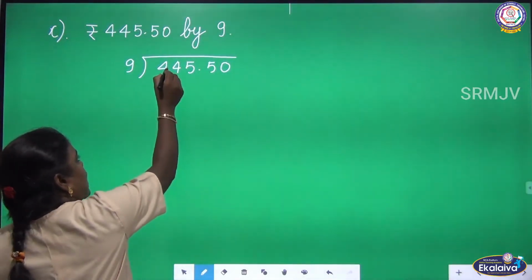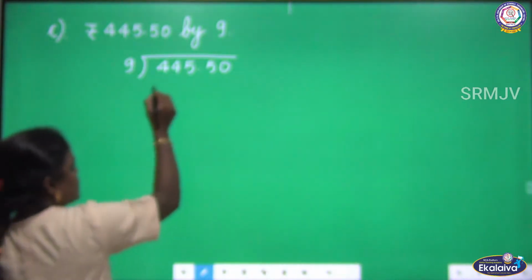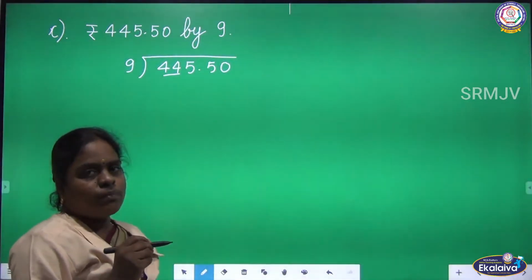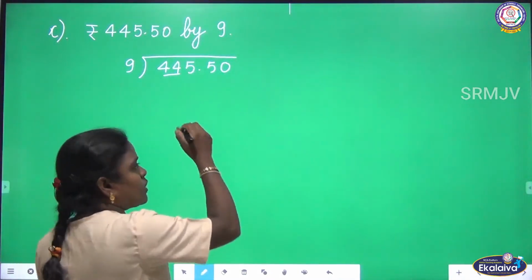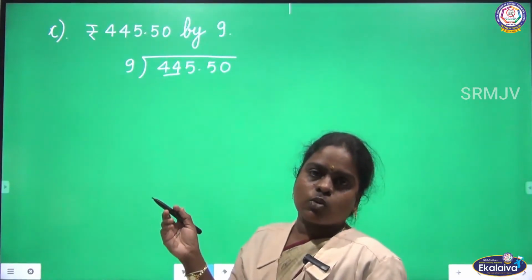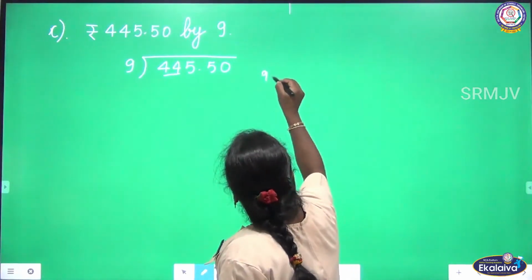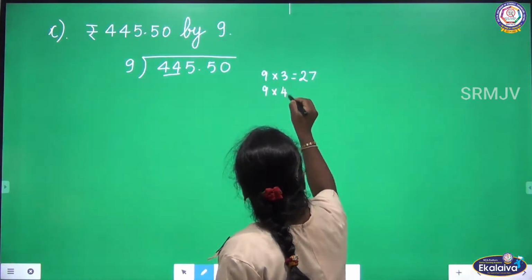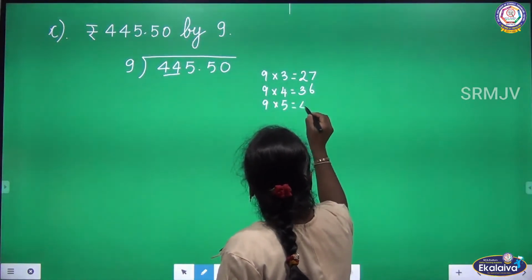Yes, here as the first digit of the dividend is smaller than the divisor, we are going to take 2 digits. So we have 44. Let us recite the 9 times table until you get 44 or below. 9 ones are 9, 9 twos are 18, 9 threes are 27, 9 fours are 36, and 9 fives are 45.